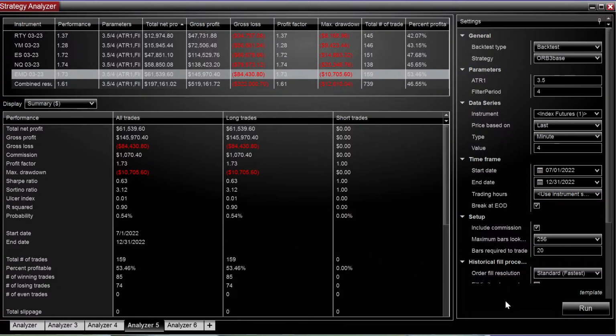Okay. Could we have a situation where we add to it and the Laguerre is not above the high? Is that possible? Correct. It'll wait until the Laguerre is above the high and then move the stop.